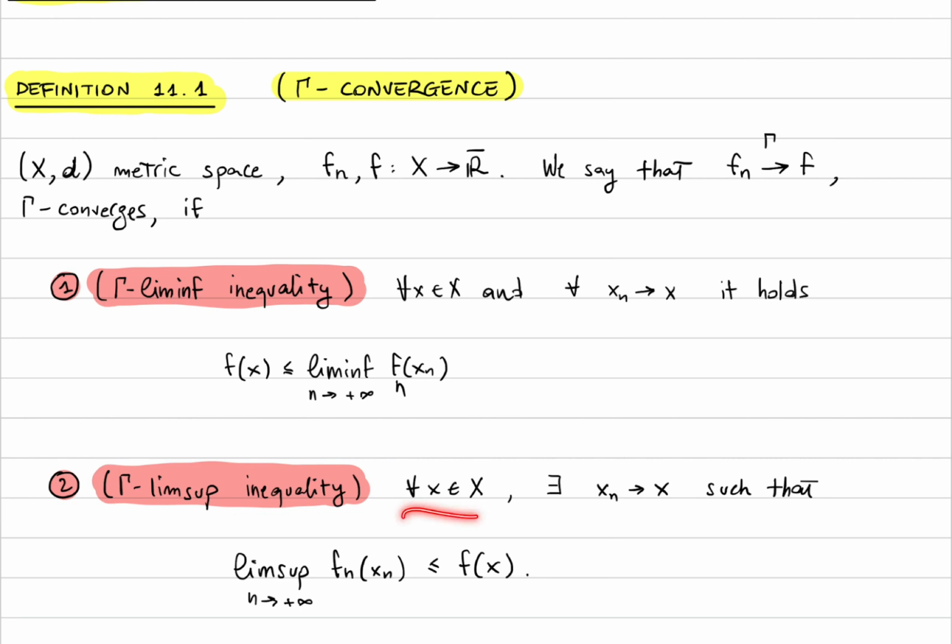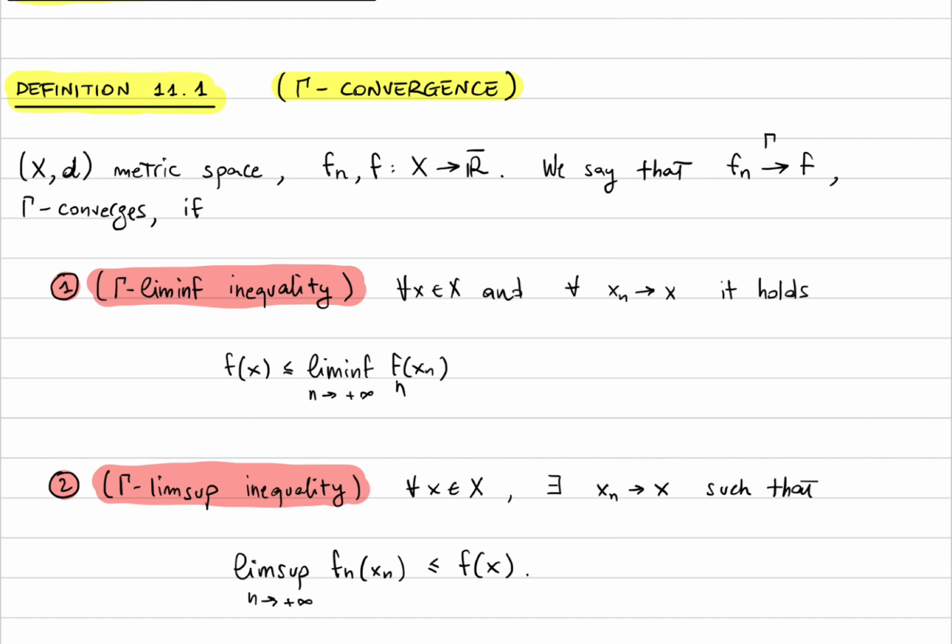For every x in X, there exists a sequence x_n converging to x such that the lim-sup for n that goes to plus infinity of f_n of x_n is less or equal than f of x. Notice that there is a difference between 1 and 2, other than here we take the lim-inf and here we take the lim-sup.